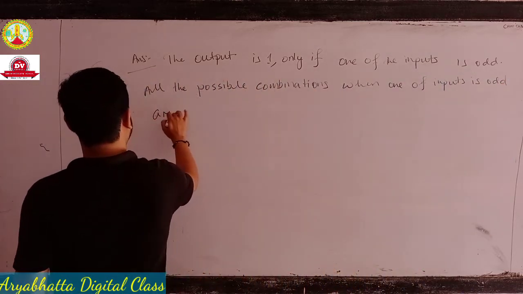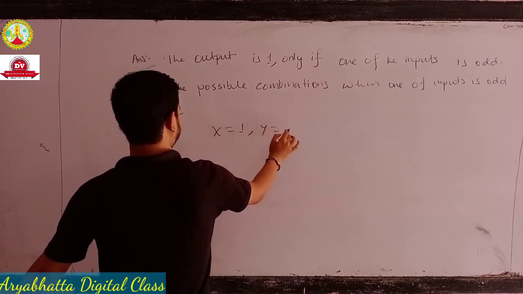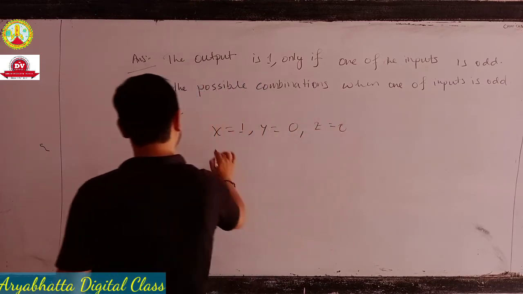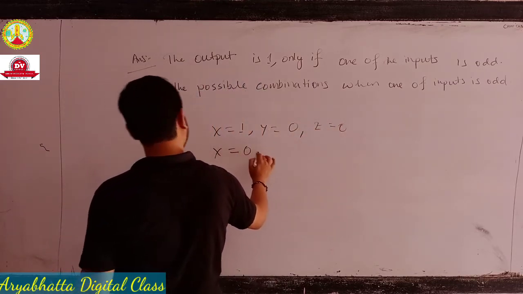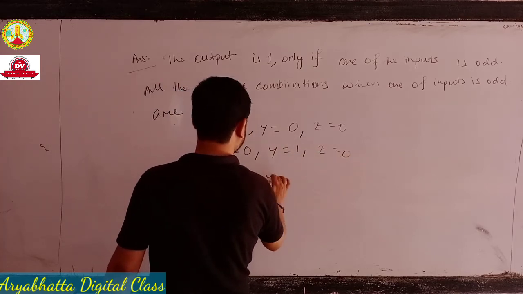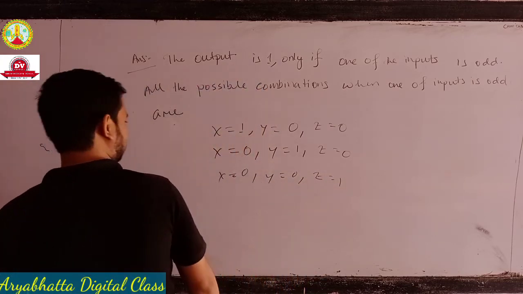are, you see, the possible conditions: x is equal to 1, y is equal to 0 and z is equal to 0; x is equal to 0, and so on. That is 3 combinations.